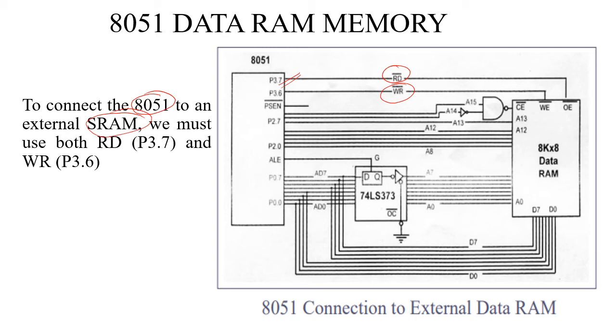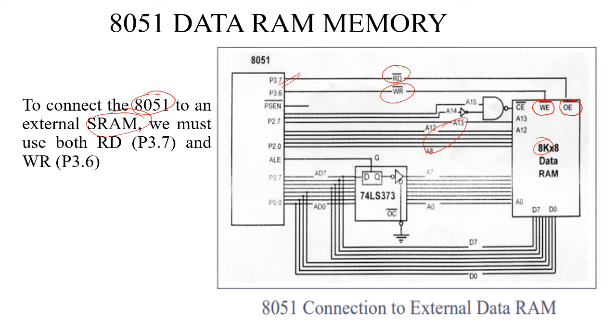Read has to be connected to output enable, whereas write has to be connected to the write enable pin. And since it is 8 kilobytes of data RAM, we need address lines A0 to A7 and A8 to A13.